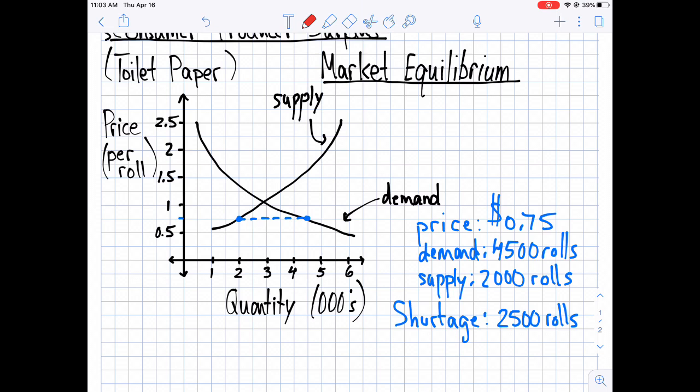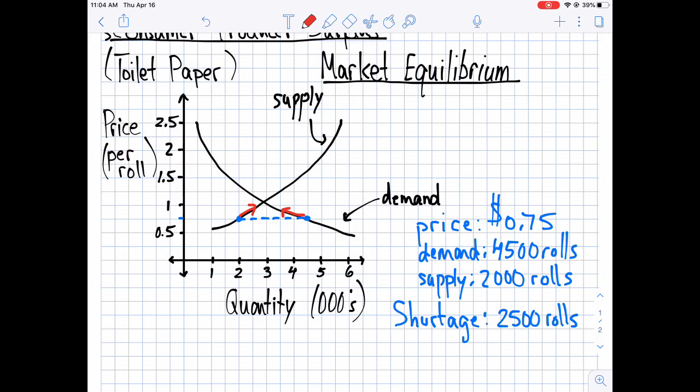So you're going to get that these points here and here are going to go up along the curve. As the price goes up, more companies will be willing to produce it, and as the price goes up, fewer people will be willing to purchase it.